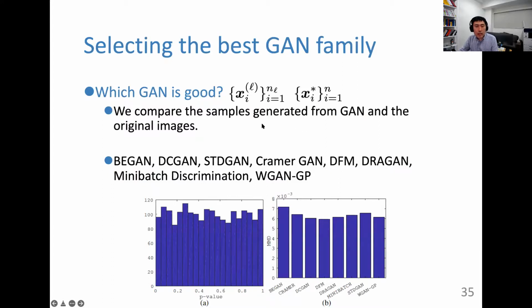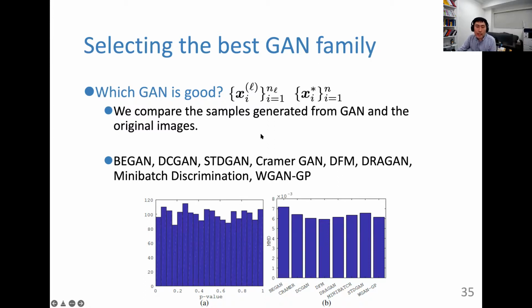We also used this method for checking which GAN method is good. Let's think of this as the true images, and this as the GAN model's generated images, and we just check whether this is similar to the original image or not.